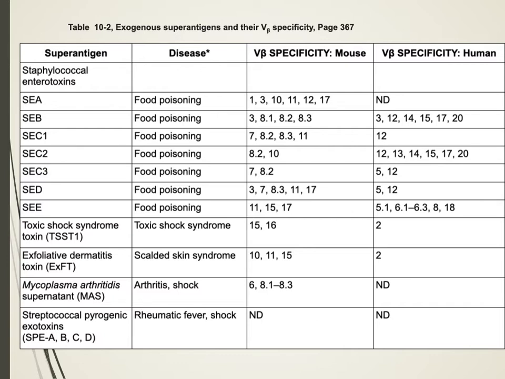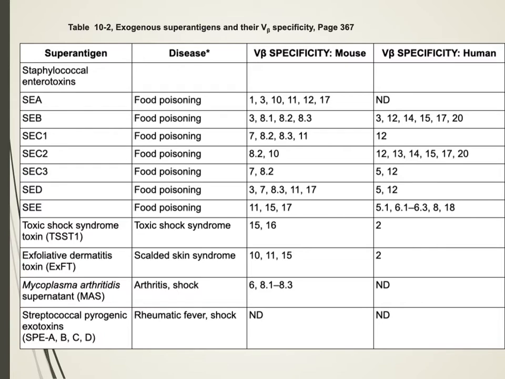And then we also have Mycoplasma supernatant, and this has an arthritis type syndrome. But Streptococcus can also produce exotoxins, and that can lead to rheumatic fever and shock, and so that acts as a superantigen.